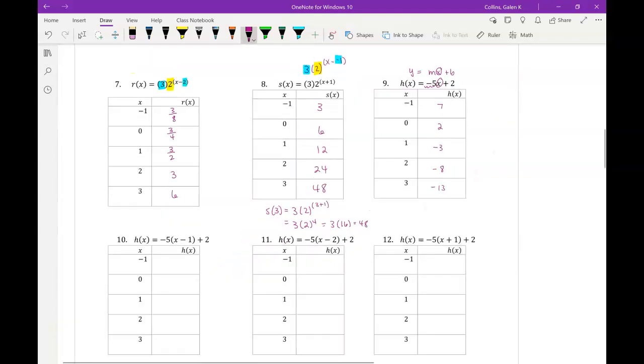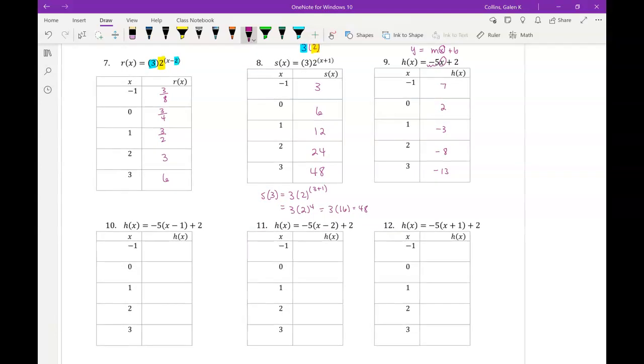Okay, so using the same reasoning as before, if I notice that the only thing that's really changing here is that I now have an x minus 1, that means that my value 2 will appear when x is 1, and that the rest of my table will be like the table in number 9 was.